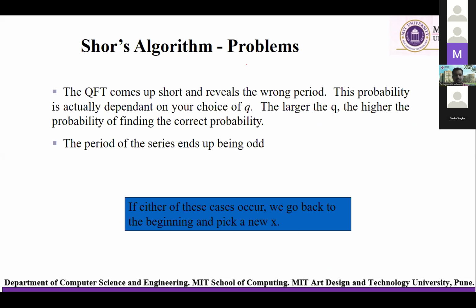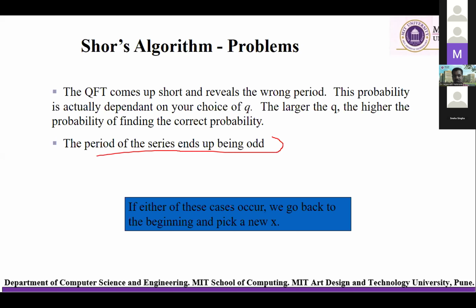The QFT, quantum Fourier transform, comes up and reveals the wrong period. This probability actually depends on your choice of Q. The larger the Q, the higher the probability of finding the correct period. So the period of the series ends up being this particular order.